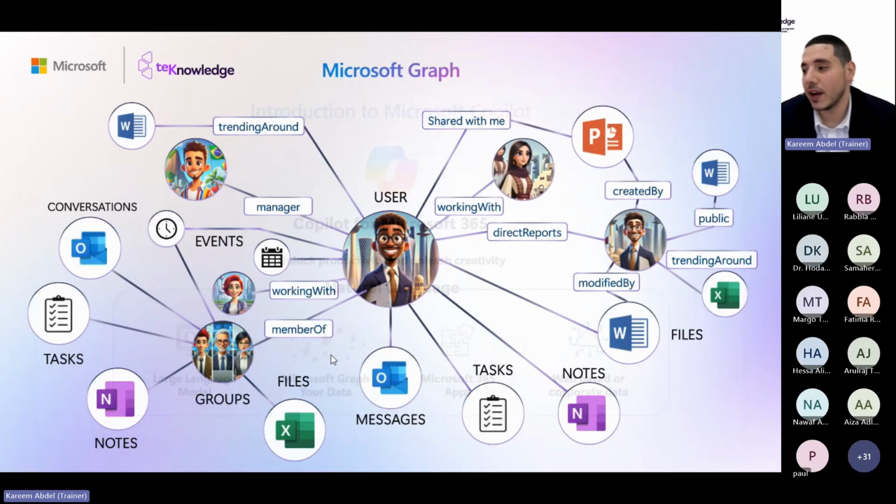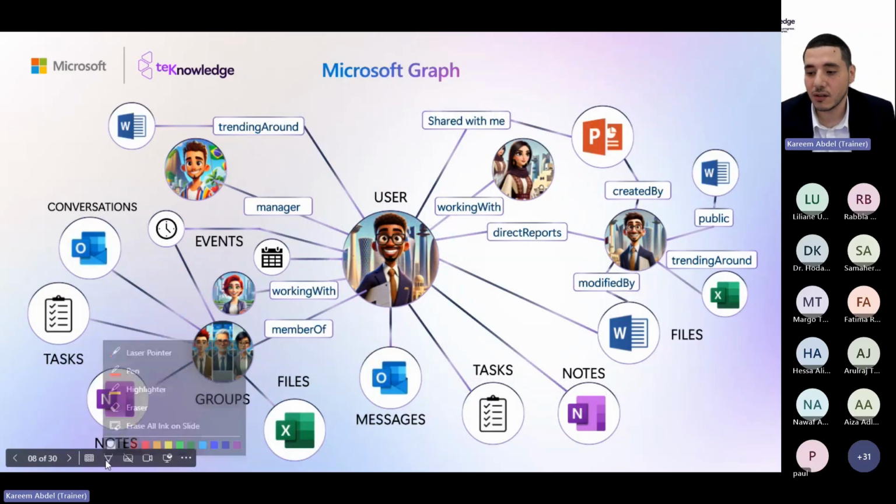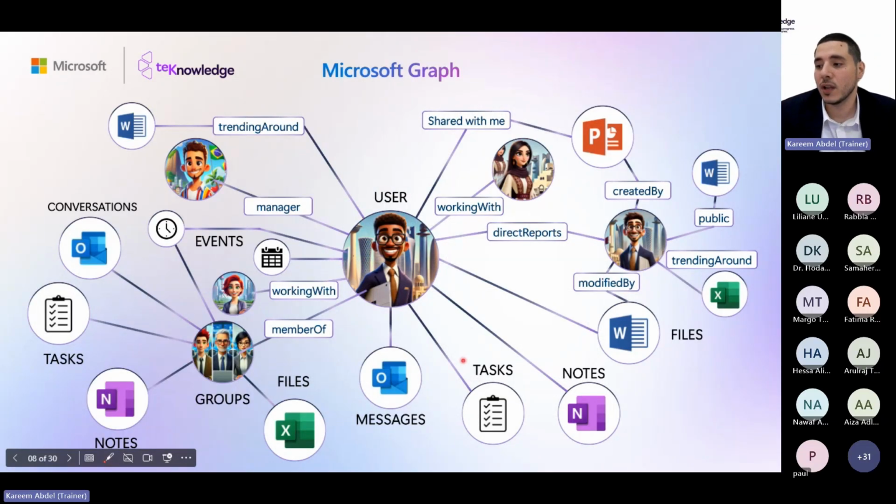All right, so here we've got a visual representation of Microsoft Graph and what it means. So here we've got the user subscription. He's working with someone, and his manager is this person. He has special events that he's attending. He's a member of different groups. He's working on different files, Excel sheets, Outlook, tasks, PowerPoint presentations, email conversations, etc. So all of these components exist within the Microsoft 365 tenant, and all of these relationships are mapped out onto Microsoft Graph.